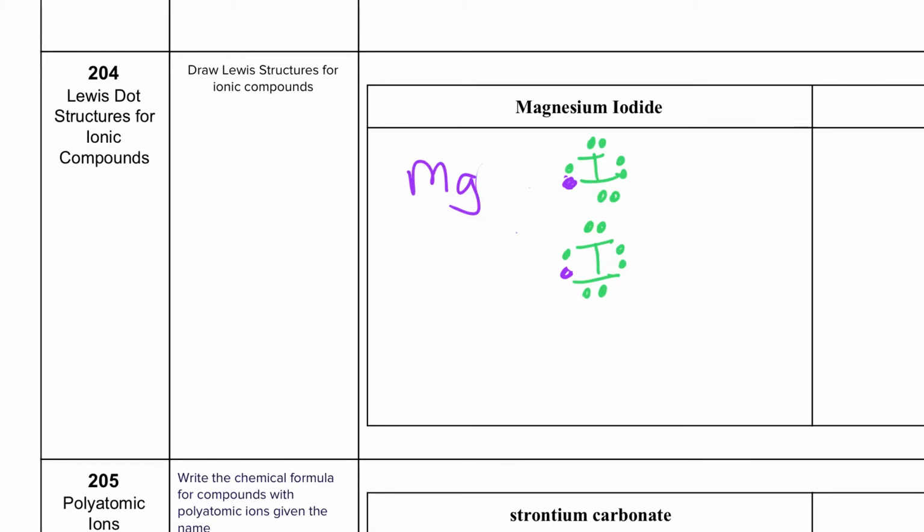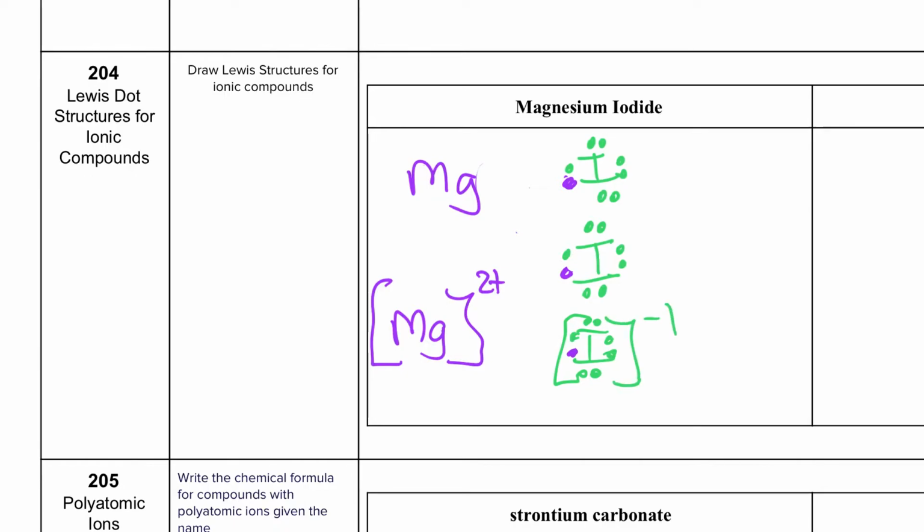So the way we write these Lewis structures is that for magnesium, we use the brackets and write 2 plus. And for iodine, we have I, and then 1, 2, 3, 4, 5, 6, 7, 8, and then it's -1.